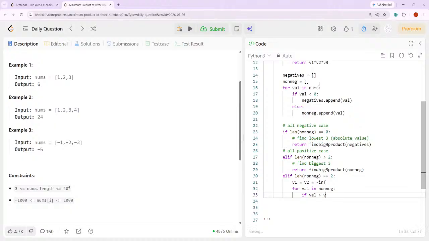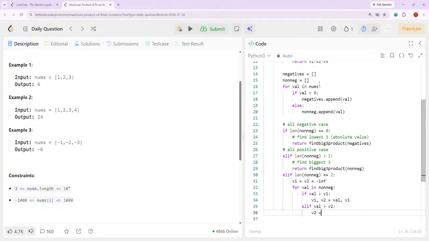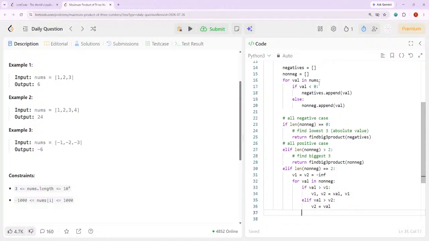If the value is greater than V1, update. So V1, V2 becomes value, V1. Else if the value is bigger than V2, V2 is equal to the value. And then return V1 times V2 times the minimum, the smallest negative, which technically is the maximum.